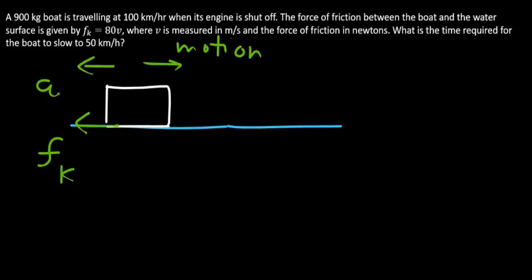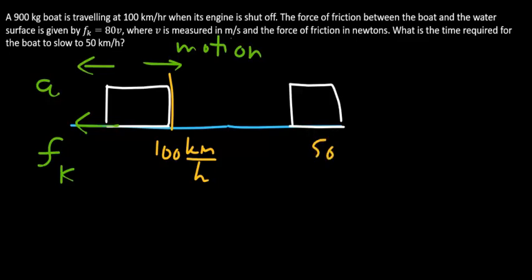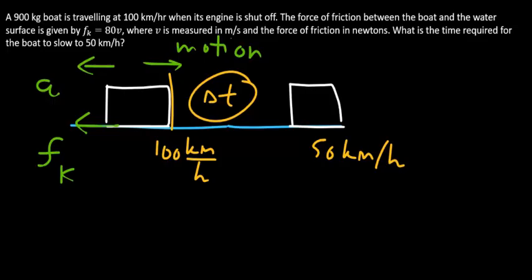So we are looking at the moment where the engine is shut off, and at that time the speed is 100 kilometers an hour. After some time it gets to another point where the speed reduces to 50 kilometers an hour. The question is, what is the time taken for this process to occur?